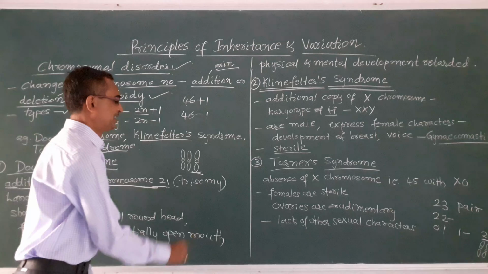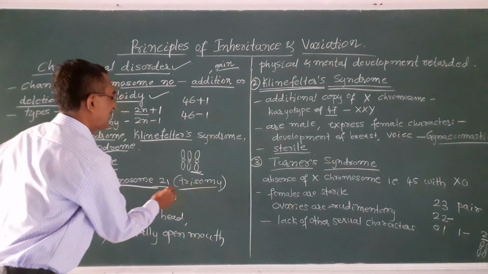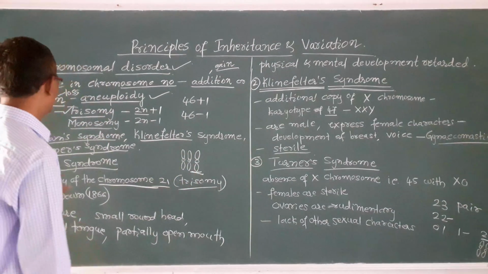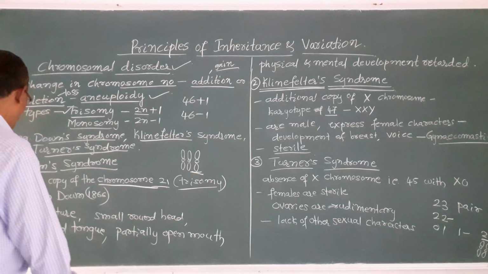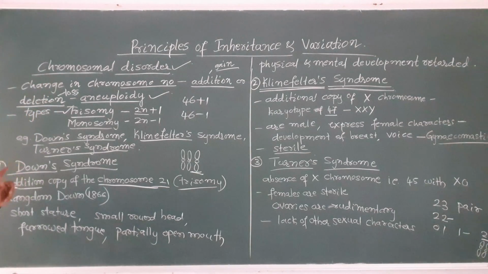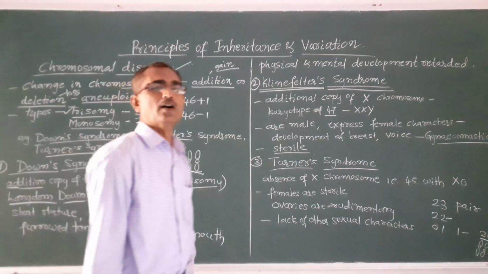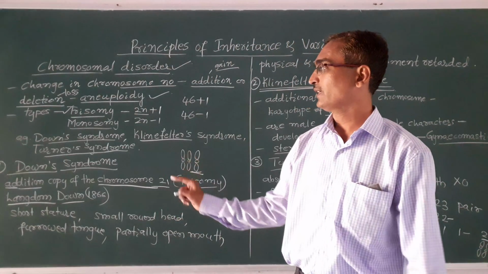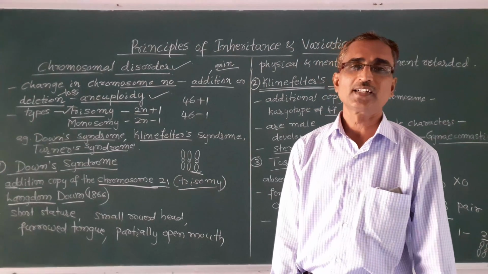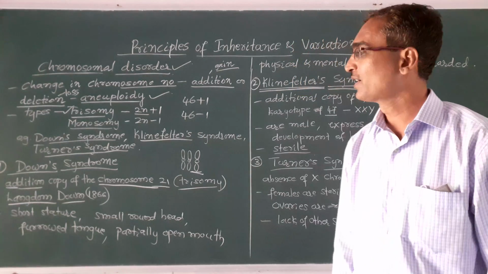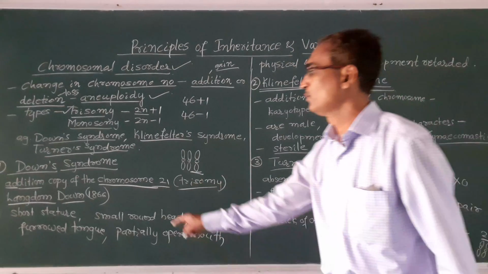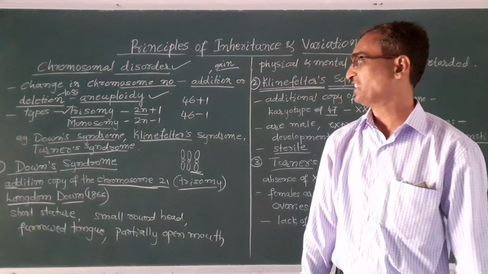So this is addition, known as trisomy, and this results in Down syndrome. Down syndrome was first mentioned or discovered by Langdon Down in the year 1866.